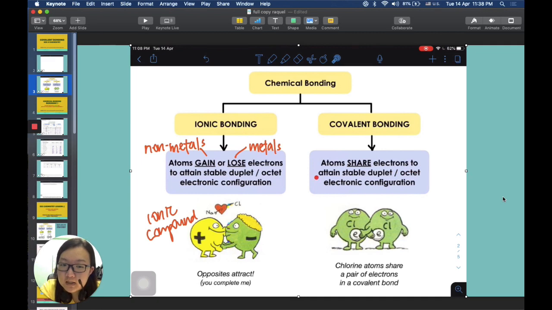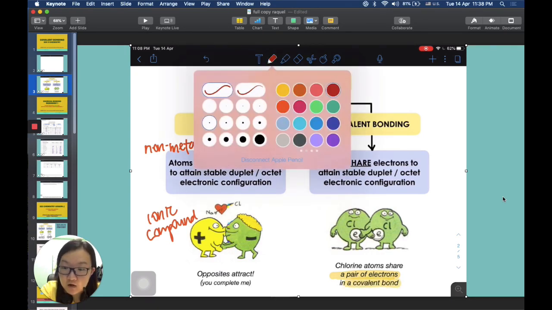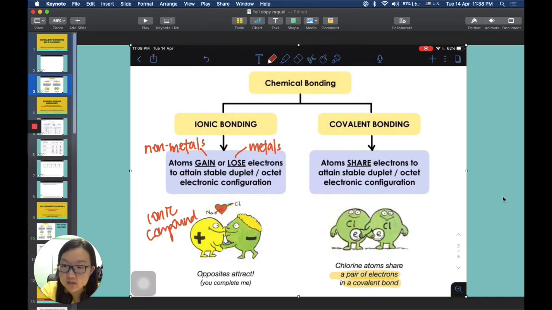Covalent bonding, on the other hand, is when atoms share electrons, again to attain stable octet or duplet electronic configuration. I share you, you share me, so we double count the electrons that are being shared. Take note that when we say there's a covalent bond, a pair of electrons are being shared, meaning there's 2.